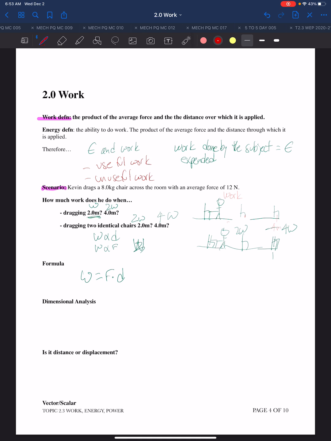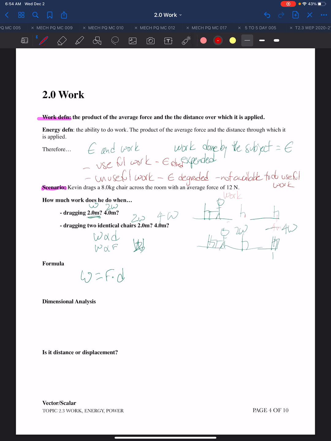And so when it comes to useful work, the energy is stored. In unuseful work, the energy is degraded. It is not available to do useful work. And this distinction may not make a lot of sense right at this moment, but it will as we look at other examples.